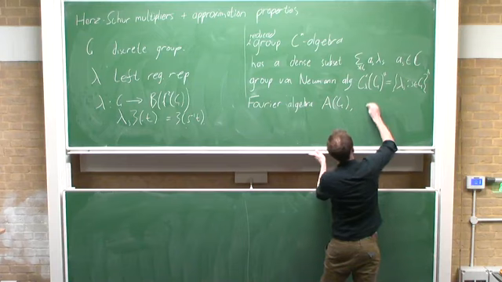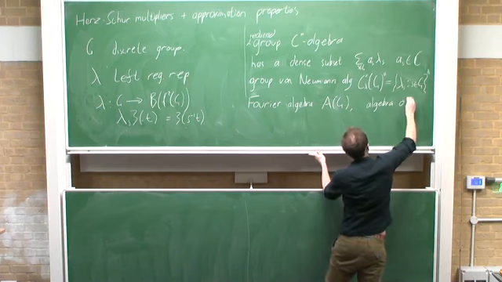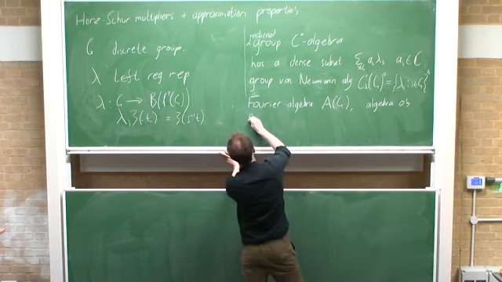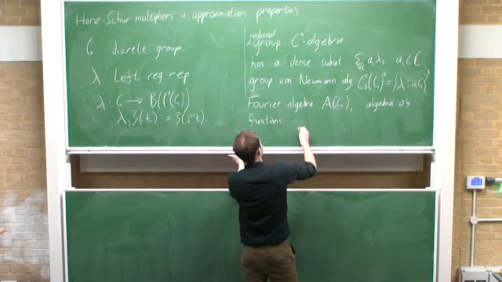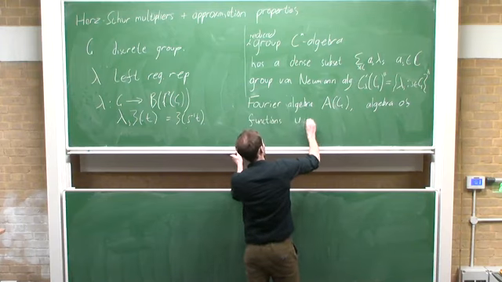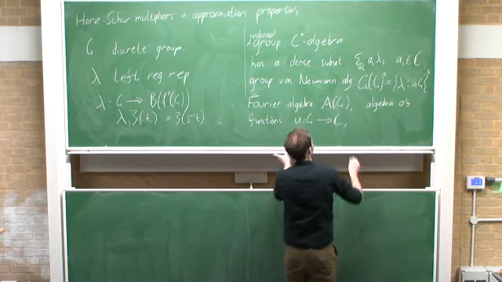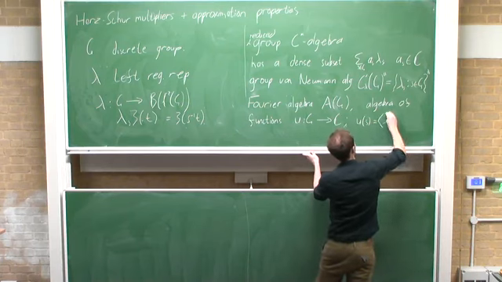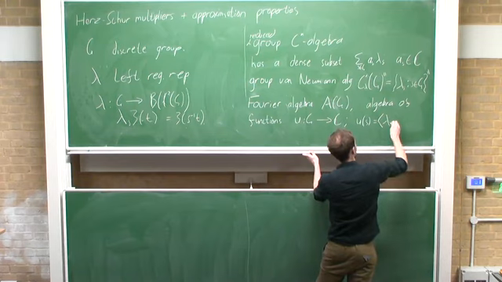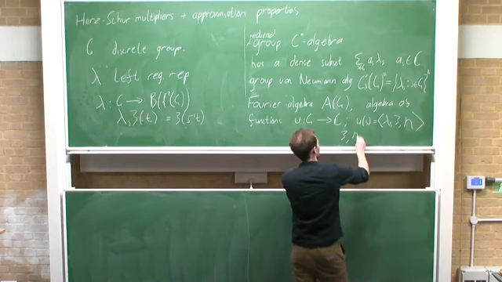So it's the algebra of functions from the group to the complex numbers, such that U of S is the matrix coefficient for some vector.